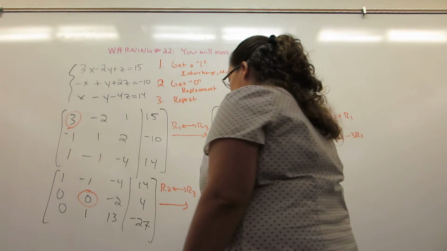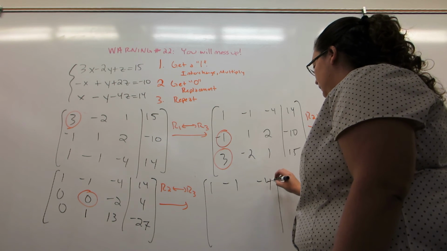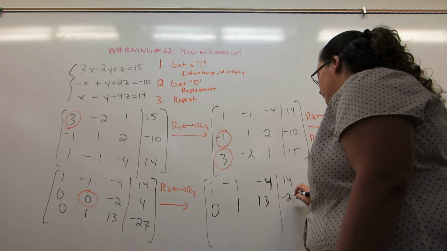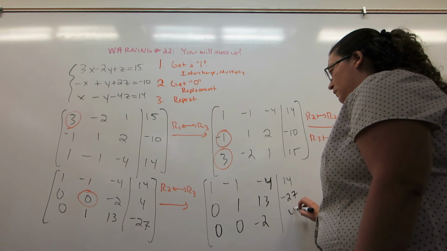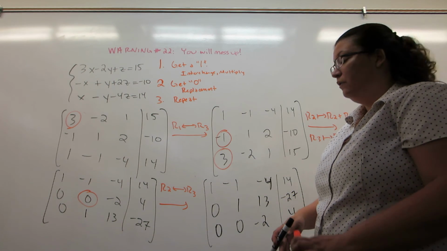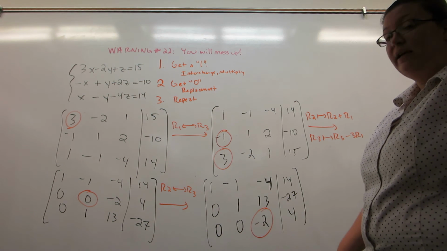Okay. So this is what I get. Notice, I also then get the 0 underneath it that I would have needed. So next, I want to get a 1 right here.